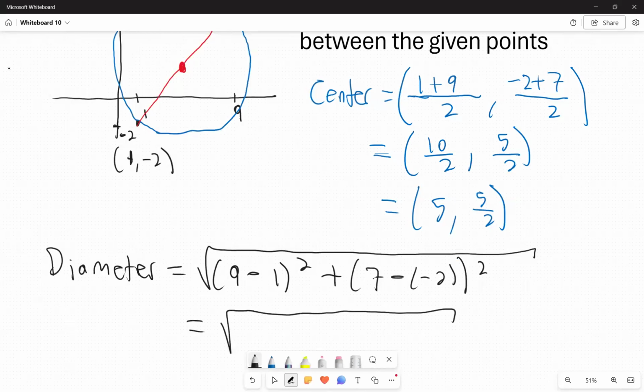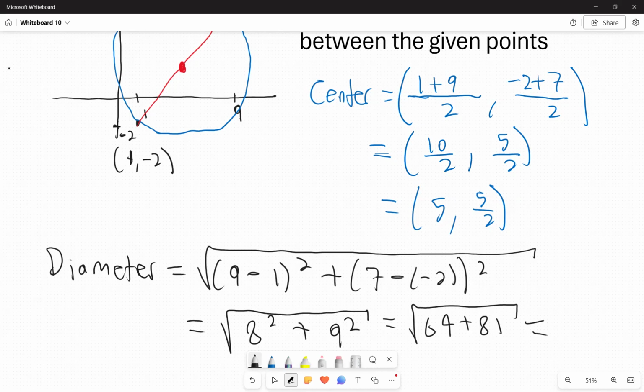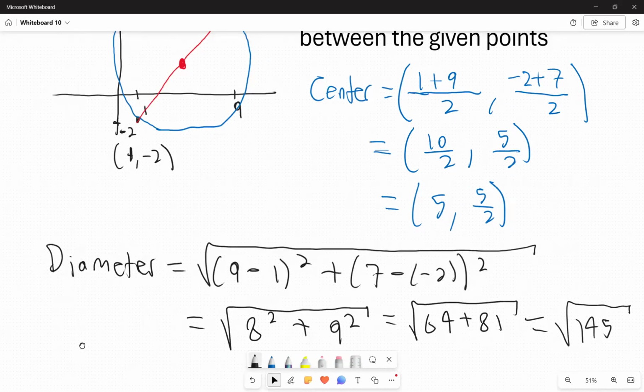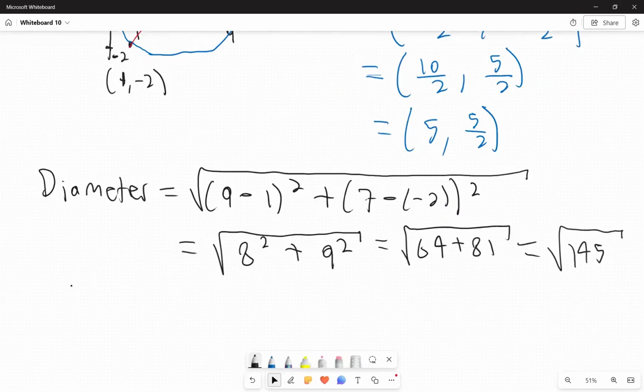So this is the square root of 8 squared, plus 7 minus negative 2 is 9, so that's plus 9 squared, where 8 squared is 64 and 9 squared is 81. And 64 plus 81 is 145. So that's the diameter, and the radius is going to be half of that. The radius is the square root of 145 over 2.